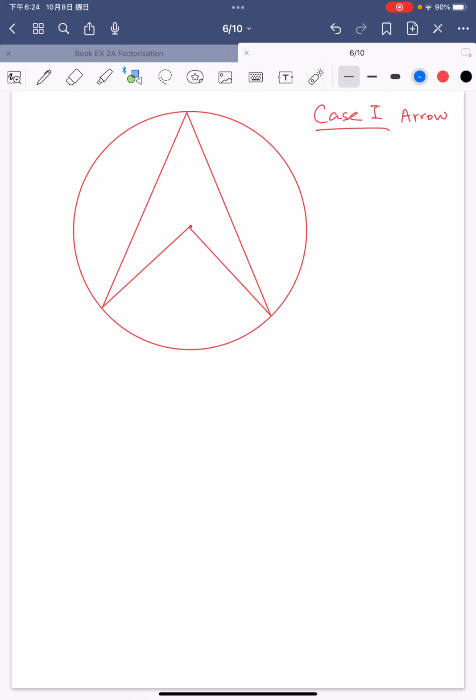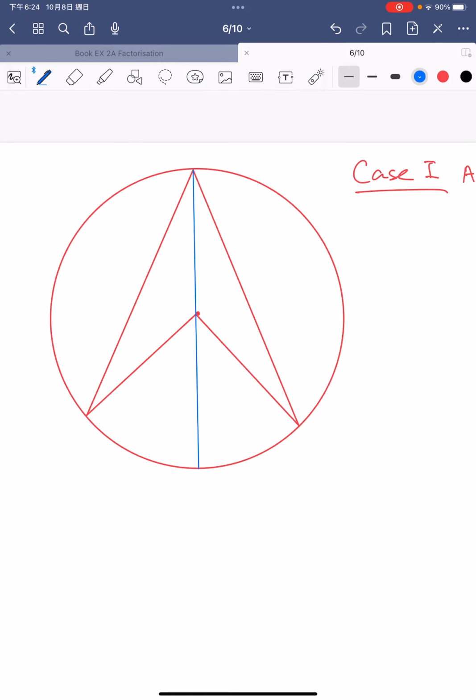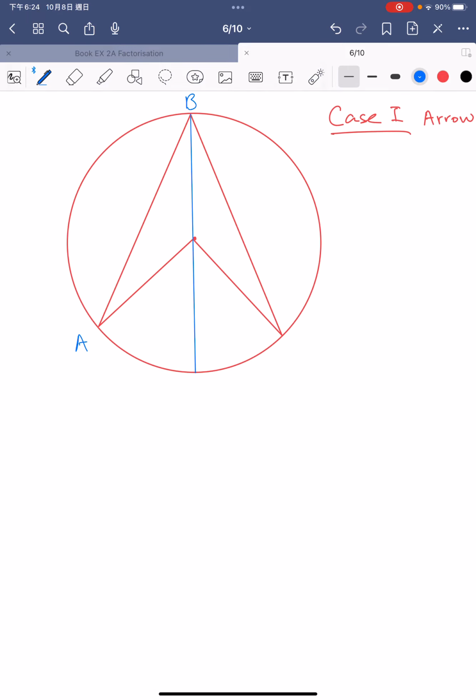If you draw a straight line cutting through the whole thing, all the way drawing a diameter cutting through the whole thing, then say this is our A, this is our B, this is our C, and the center is O. So if we decide that the angle ABO is actually A, and the angle CBO is B, so now we have AO equal to BO equal to CO. So now we have the angle BAO is equal to A as well, and the angle BCO is equal to B as well. So that we can use the exterior angle to get the value here together with this.